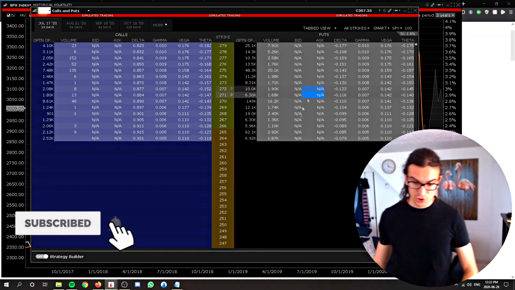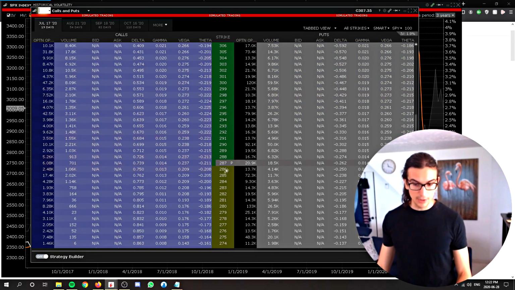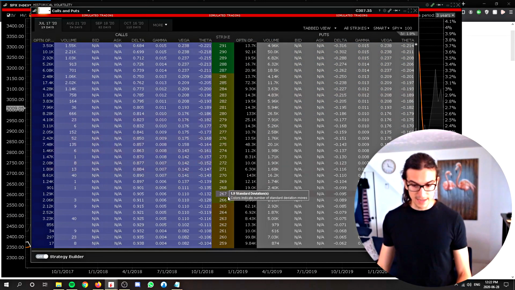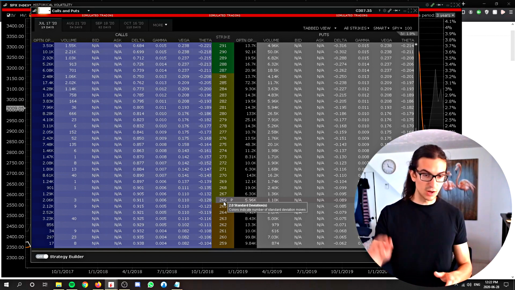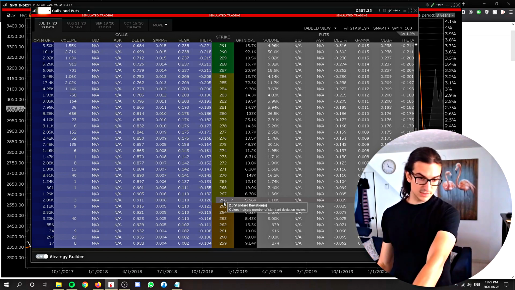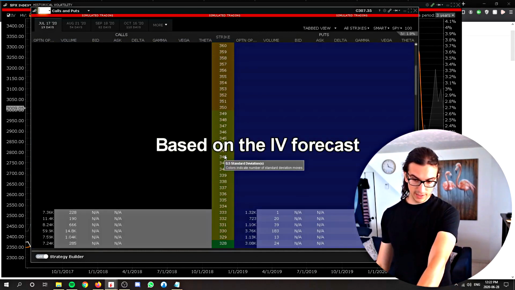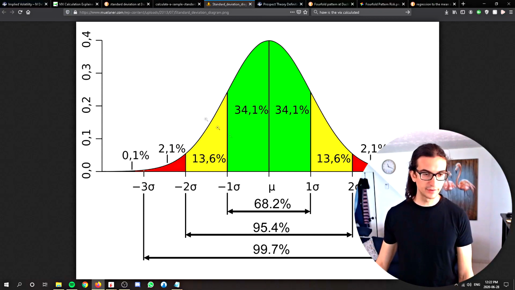If you have your option chain program like this, you'll see that right here, this is at the money, this is down by one standard deviation, and down here is two standard deviations. So that means that 95% of the time, the price of this underlying is going to fall somewhere between that price, 266, and all the way up to 350. And that's why standard deviation is important for understanding probabilities in the market.